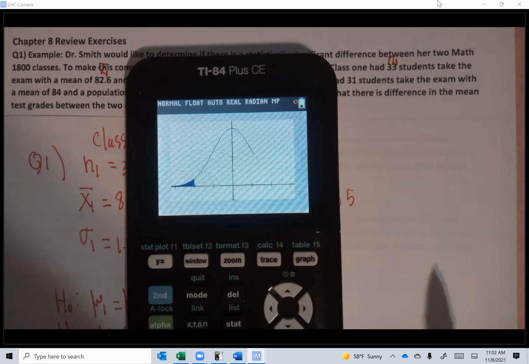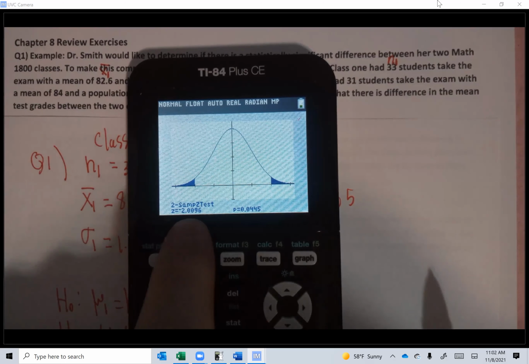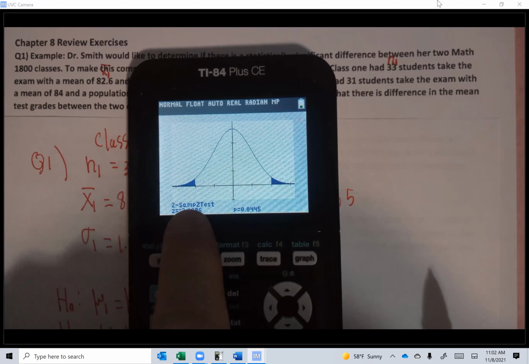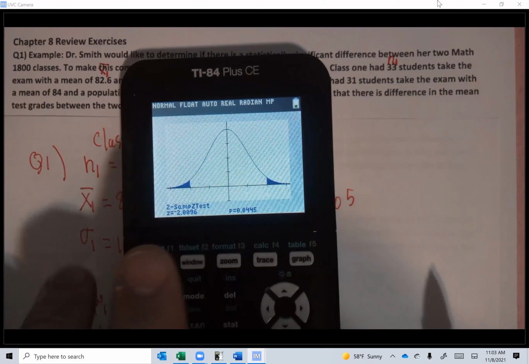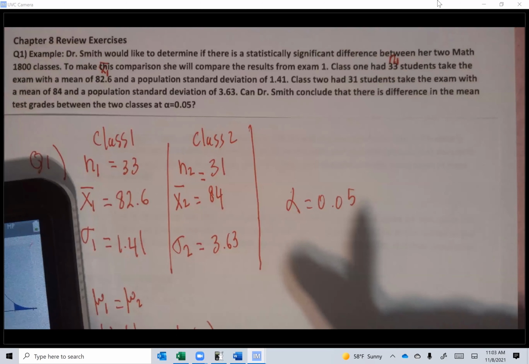So the test statistic z is negative 2.01. If I round this to 2 decimal places, guys, the next number is 9, so you have to up the 0 by 1. Negative 2.01, that's the algebra that you need for this chapter.